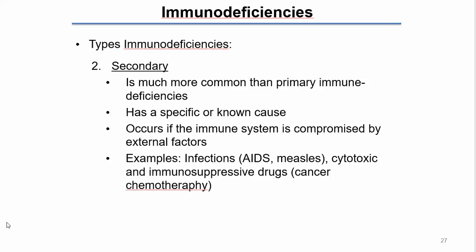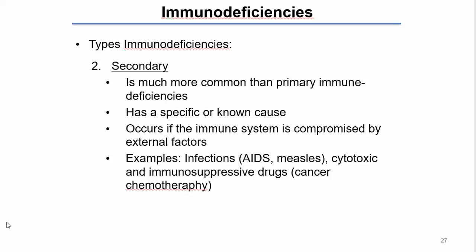Various infections will do this. Measles is a bad one for it. AIDS is a secondary acquired immunodeficiency. That's what AIDS means. In your textbook, there's a mistake. I don't know why the mistake is there in this edition, but it lists AIDS as a primary immunodeficiency.